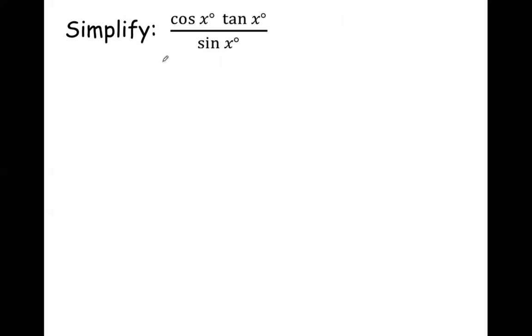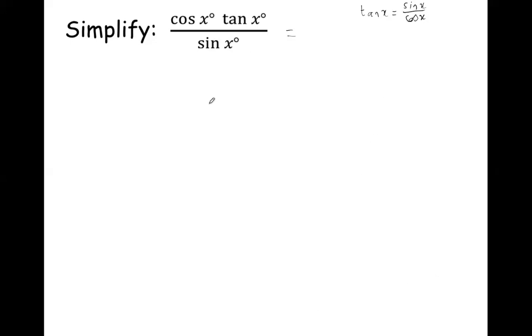Let's see another one. You could be asked to simplify this. In order to simplify this, you need to replace tan x with its trig identity. Tan x we said was sine x divided by cos x.